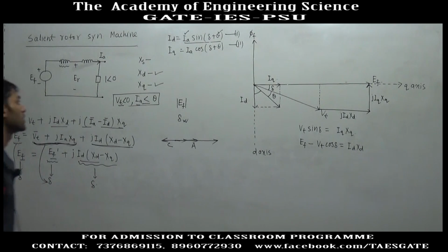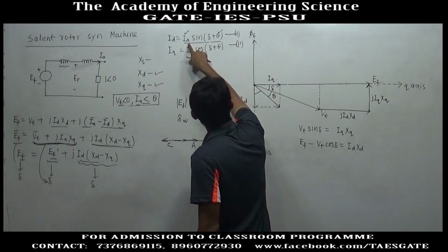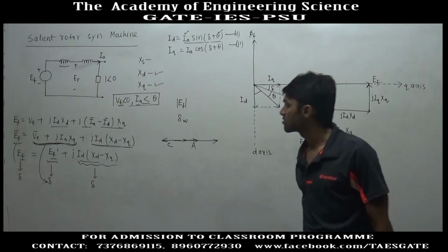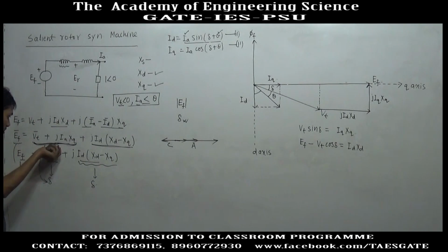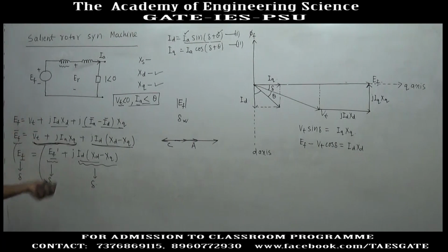With delta, since Ia is known and theta is known, Id and Iq can be very easily calculated, and once you know the value of Id, the whole EF can be calculated. Delta is calculated even before the calculation of EF.